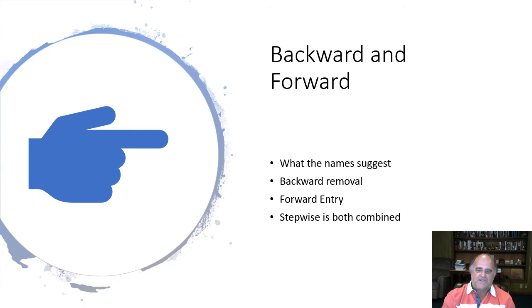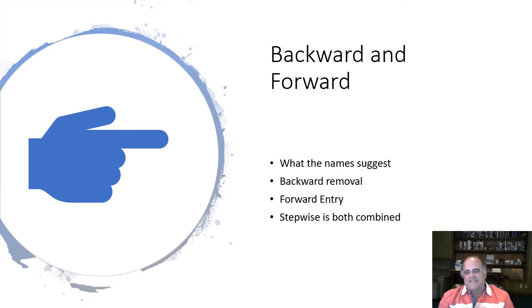With forward entry, you basically let the software or the computer start by putting in the first variable, then selecting the best second variable, putting that best second variable in, then finding the best third variable, putting that best third variable in. So forward entry, you're really just letting the computer make the decisions. It makes the decision based on what's the next best variable to enter into the model.